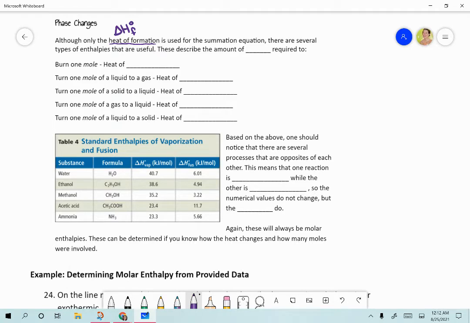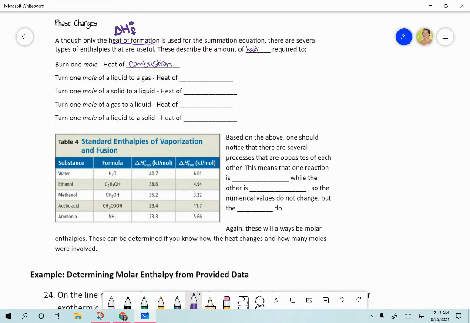Now, looking at heat of formation is helpful when we're looking at the formation of a compound, but there are other types of enthalpies and enthalpy changes that can be useful too. Specifically, we are going to look at some of these enthalpies that describe the amount of heat, and remember that's just thermal energy, that's required in order to, if we want to burn 1 mole of a substance, we call that the heat of combustion.